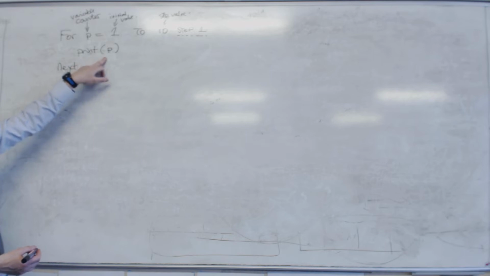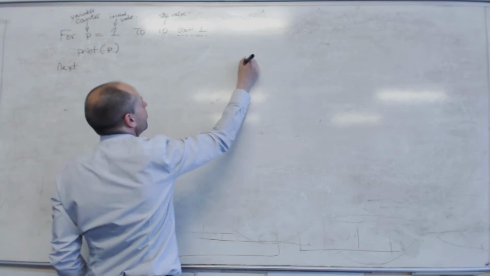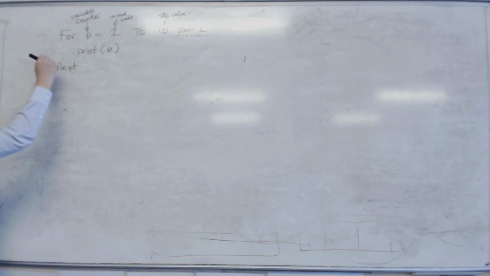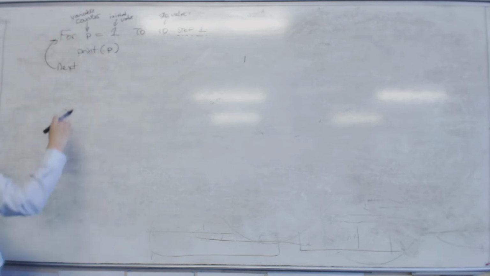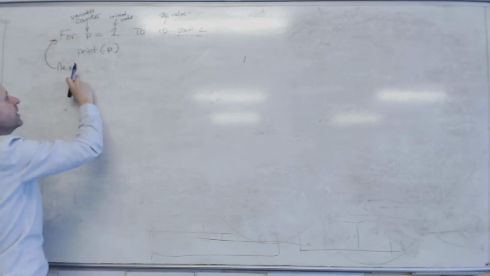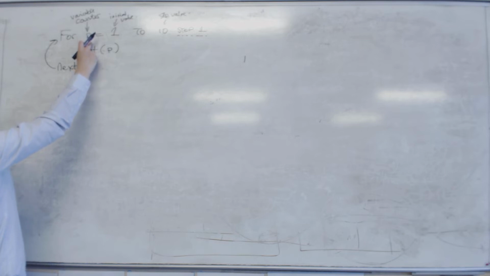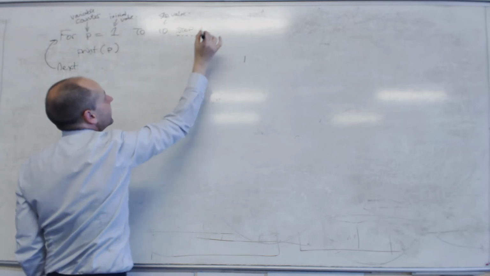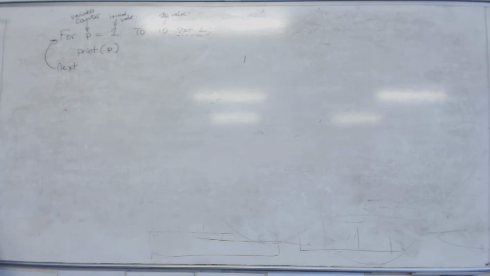So in this case we're printing out P, so we're going to print out a 1. Then we hit this next line, and what I would advise is if you see something like this, you draw an arrow to say where it goes back up to. So next just says, go and start the loop again, but increment the value of the counter variable. By default, that is step 1, so we'd add 1.